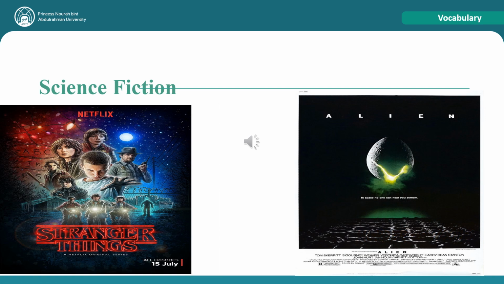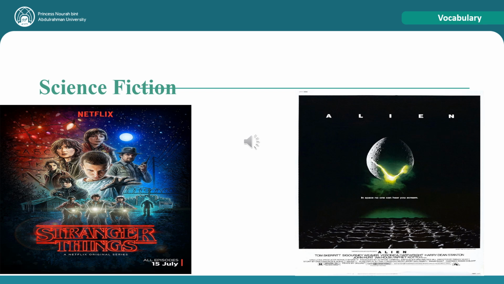We have science fiction. I've put in 2 examples. We have one, Stranger Things, and then we have another example, which is a very popular and well-known science fiction movie called Alien. One of my favorites is actually Stranger Things. I find it to be exciting.